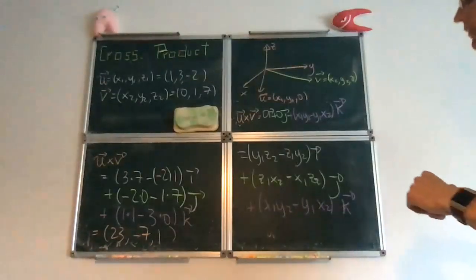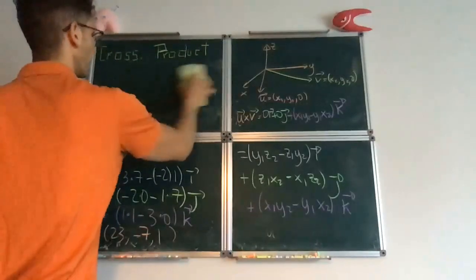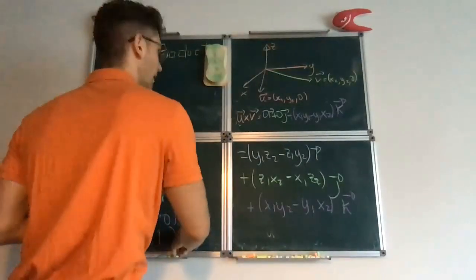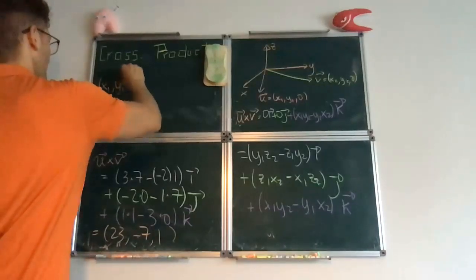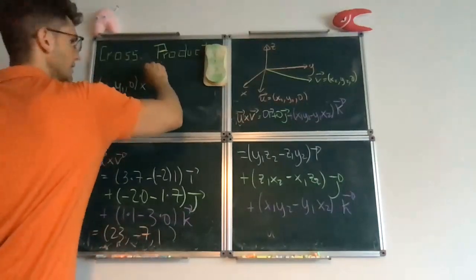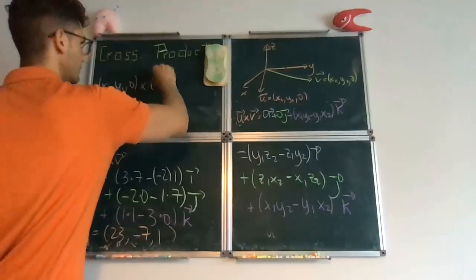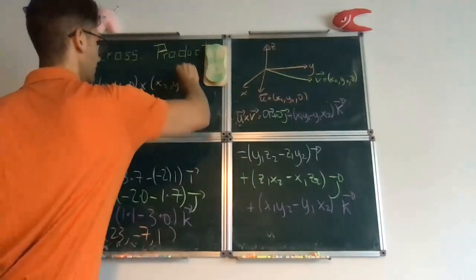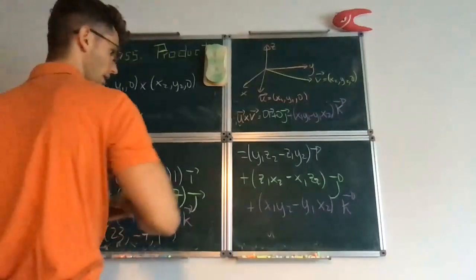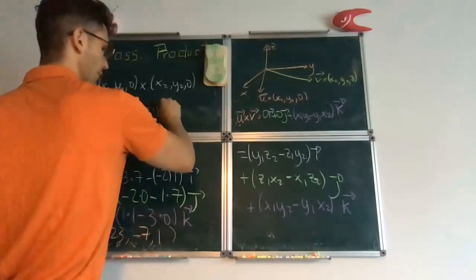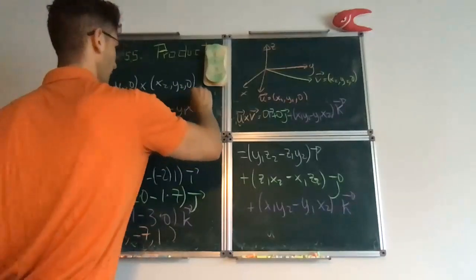Okay? So that means that for two vectors on the plane, what I'm trying to say is that the cross product of x1, y1, 0 cross x2, y2, 0 is really the vector 0, 0, x1 y2 minus y1 x2.